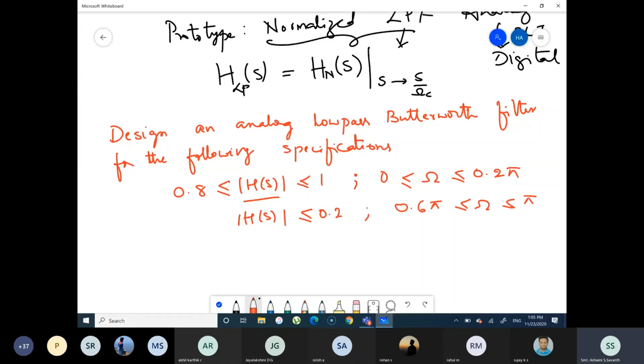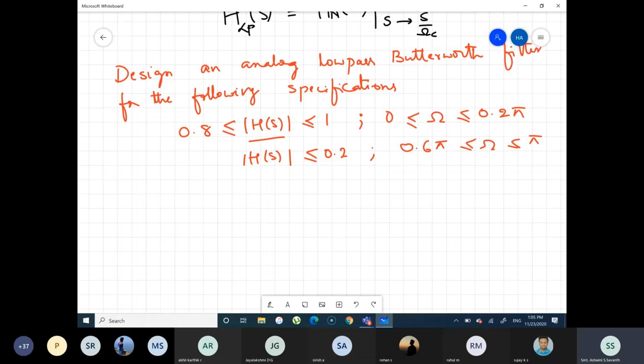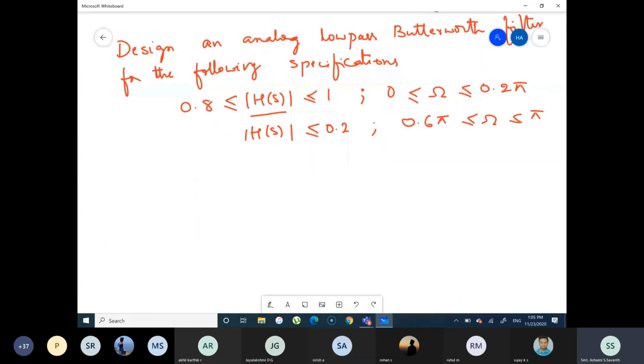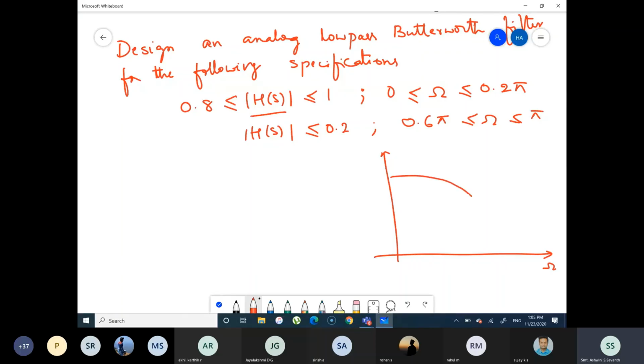Just consider that it is analog filter specifications and design the problem. Sometimes such things will happen. So if you want, you can write down the frequency response characteristic curve, and that will be clear sometimes. So the picture will be better.